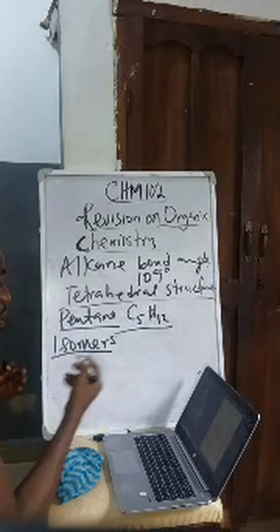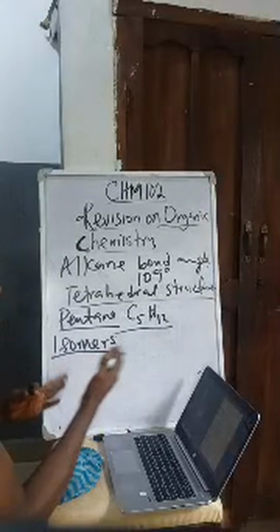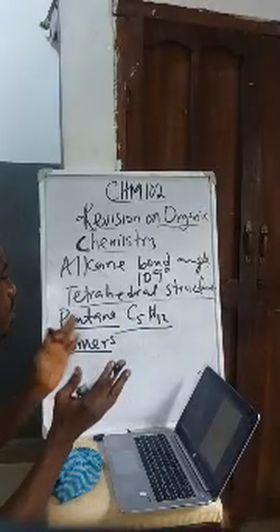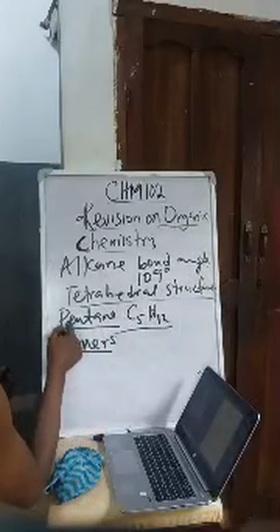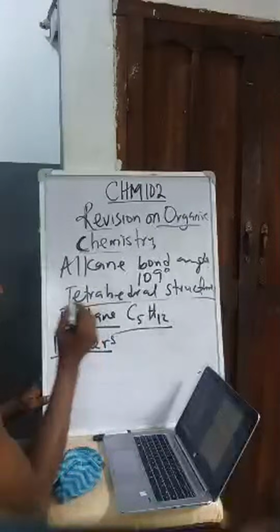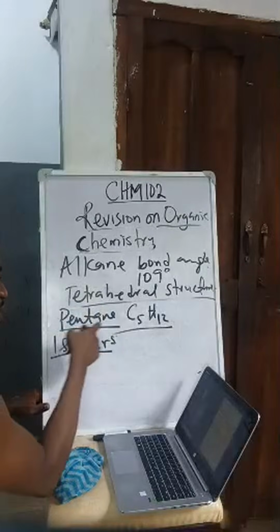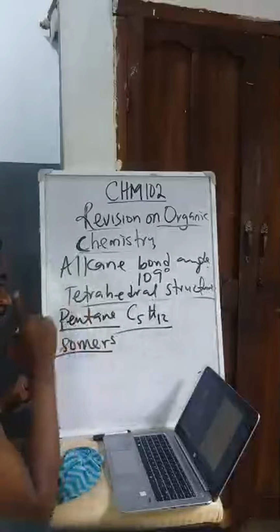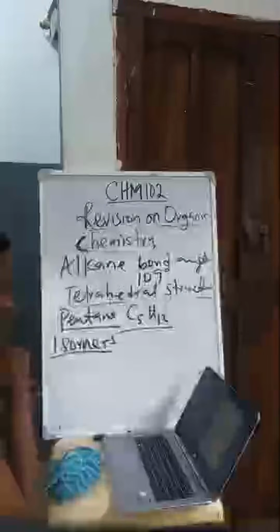What do we mean by structural isomerism? They differ in their structure but have the same molecular formula. Pentane has C5H12. This is the molecular formula of pentane. Now let's see the structures this pentane can generate, which we call isomers. Please pay attention.